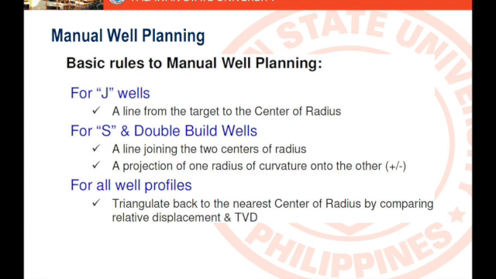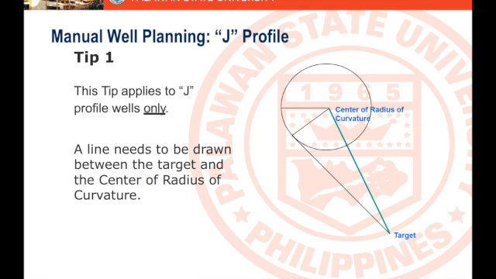So these are some basic rules. Let's proceed here. Tip 1 for manual well planning: once you have determined the radius of the circle whose arc is your build section, you must draw a straight line from the center of the circle to your target.